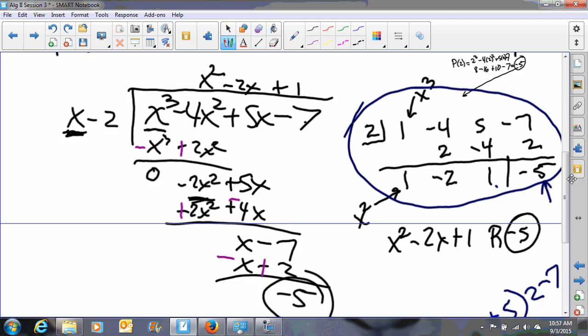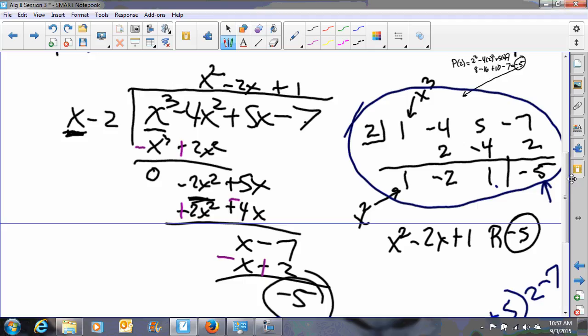Now, the next thing we talk about in Algebra 2 is the factor theorem, which is really almost an automatic result of this result. If you think about it, the factor theorem says X minus C is a factor of P of X if and only if P of C is 0.